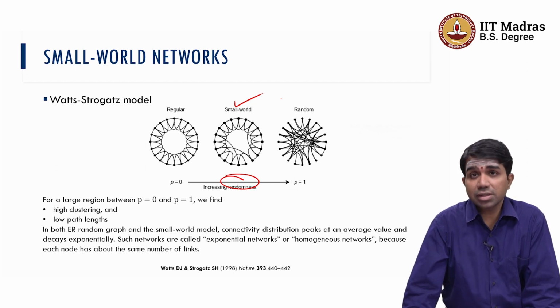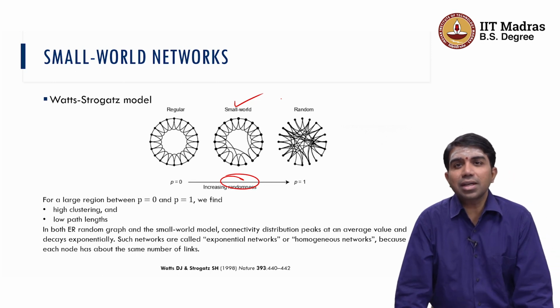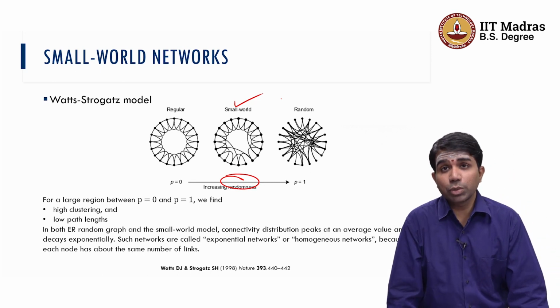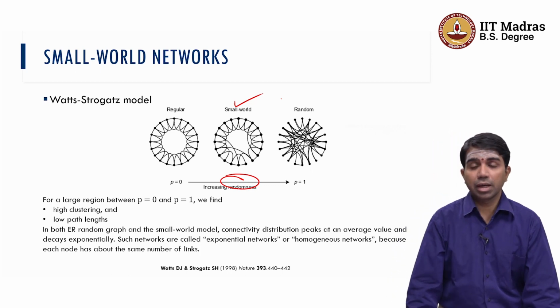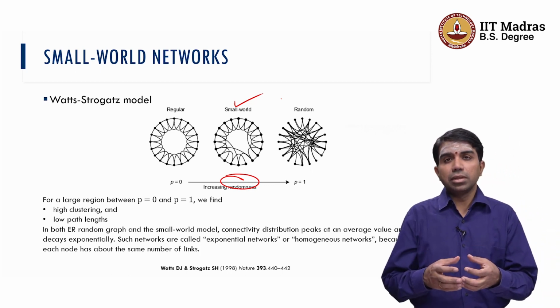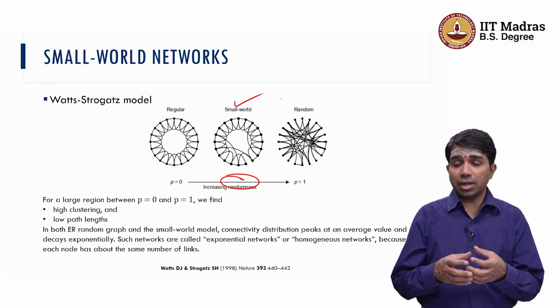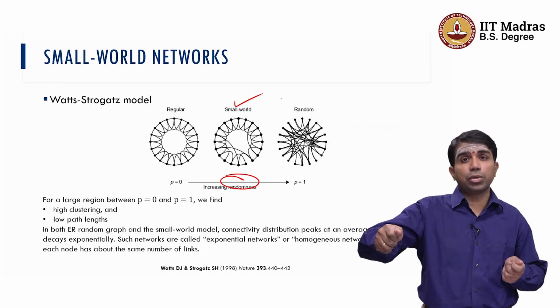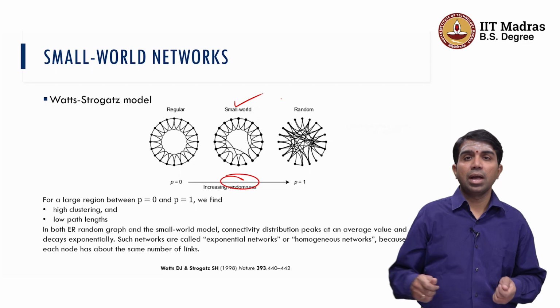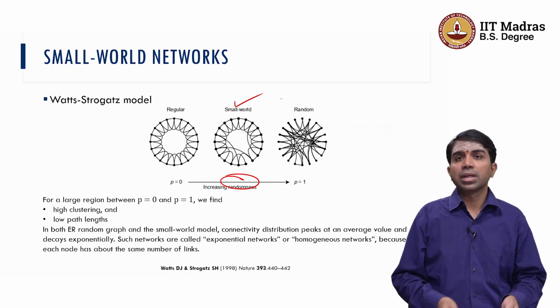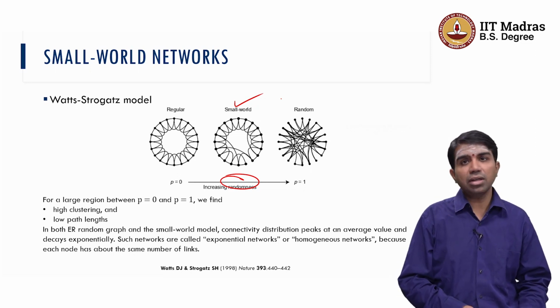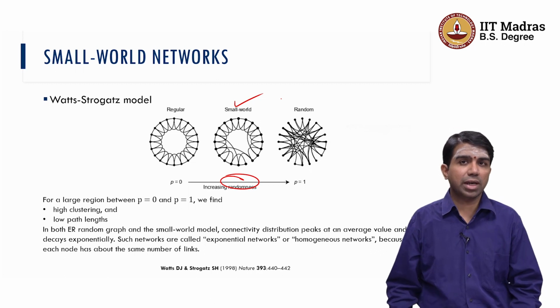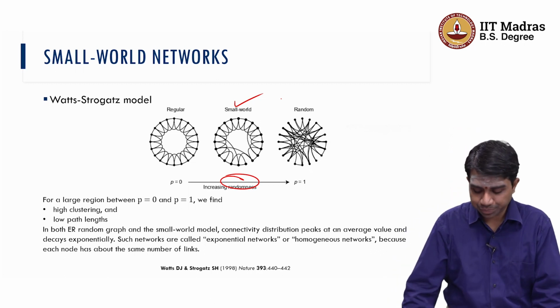Yes, there are differences in the number of edges that they have, but it's still relatively low compared to what you would see in other kinds of networks. For the same density, or the same number of nodes and edges, you could have very skewed degree distributions in certain cases, and that is exactly not what you see in the case of either ER or Watts Strogatz small world networks.